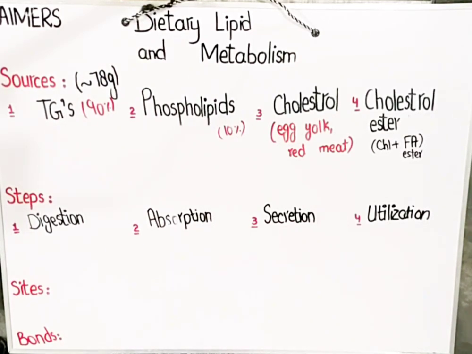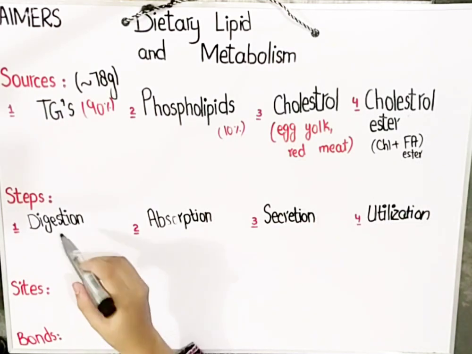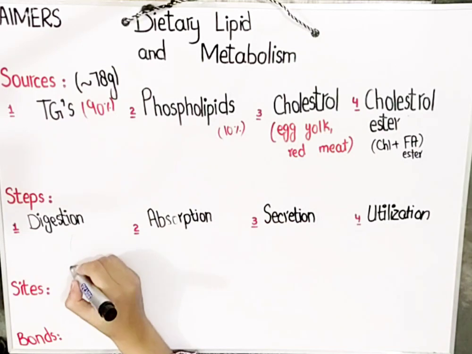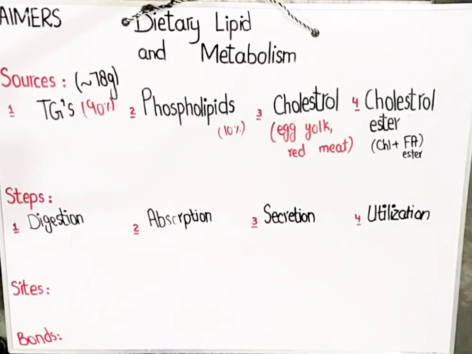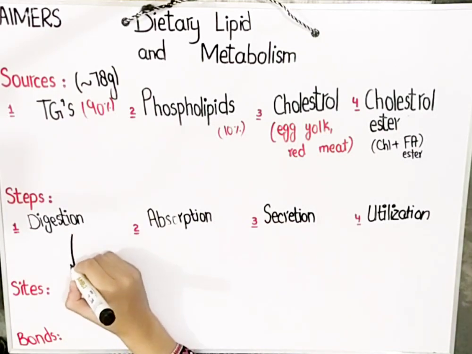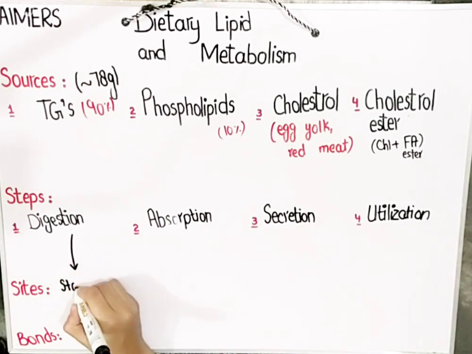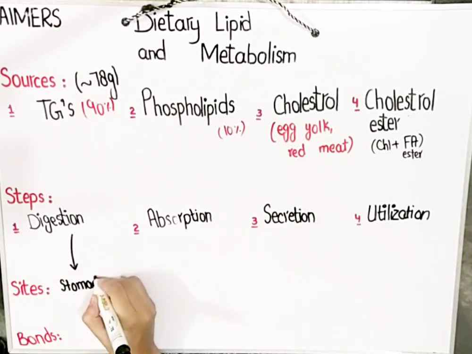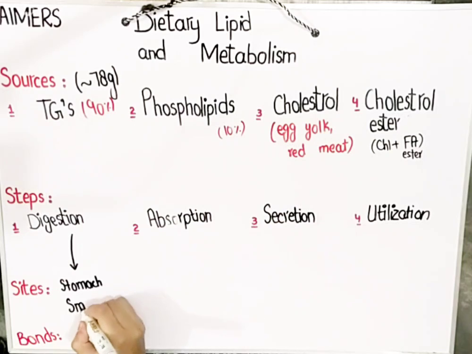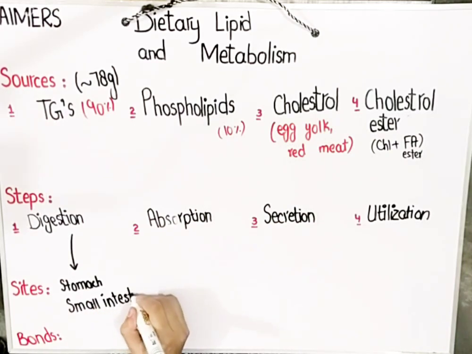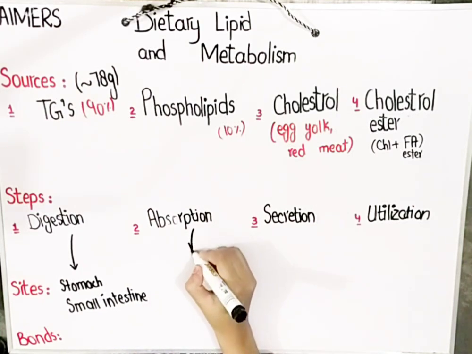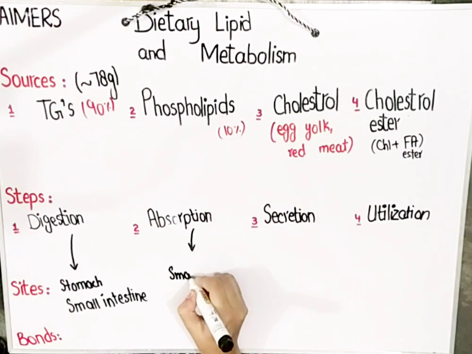Now the next step is we're going to look at the sites where these steps are taking place. Firstly, digestion basically takes place in the stomach and small intestine. So we have two sites for digestion: first is stomach and second is small intestine. Then the second step is absorption. This step takes place in small intestine.